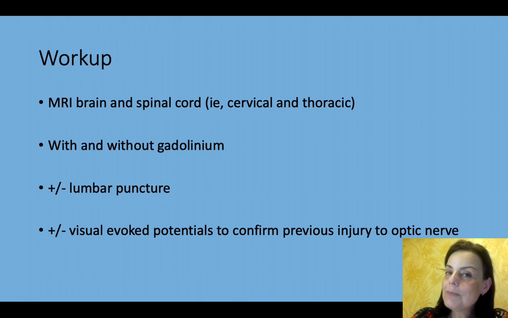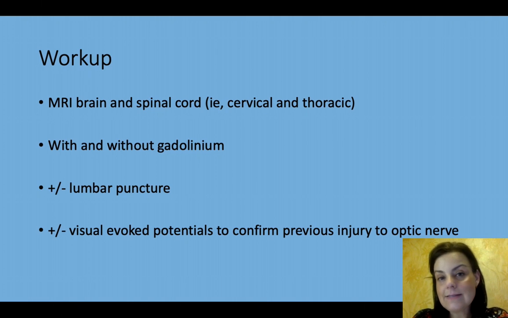We might want a lumbar puncture. We might be able to make her diagnosis without having to do a lumbar puncture, but a lumbar puncture can be helpful when you're working up multiple sclerosis, because you can have findings like increased oligoclonal bands and IgG index, and sometimes this can help you distinguish between MS and other demyelinating diseases and infectious diseases and whatnot.